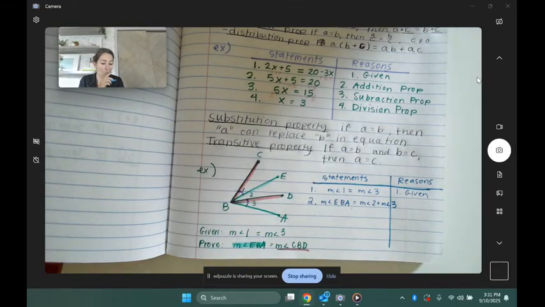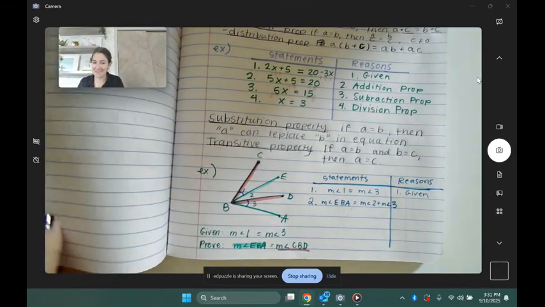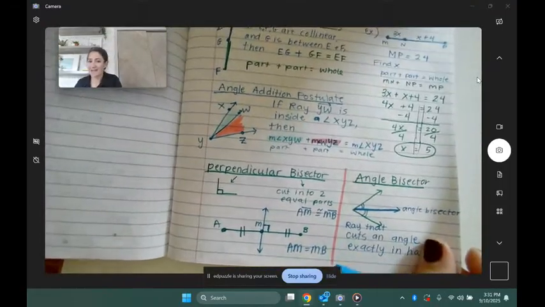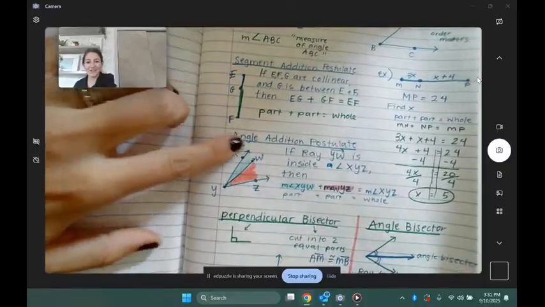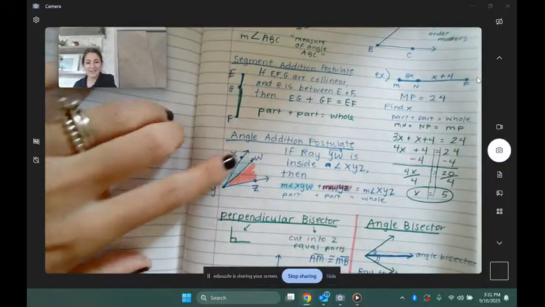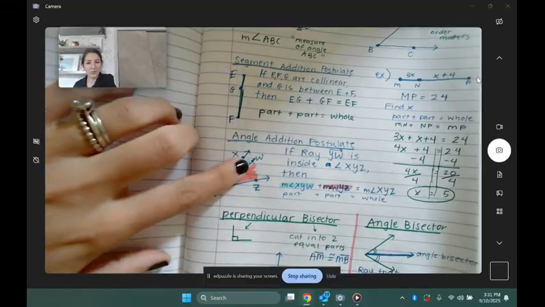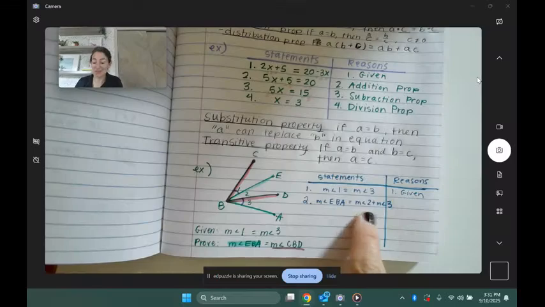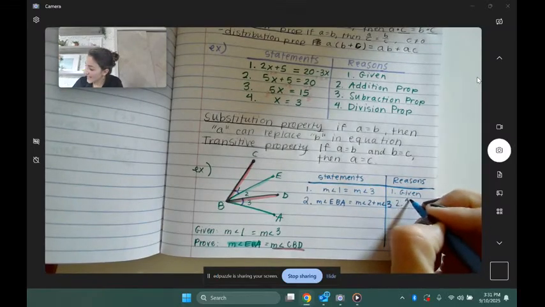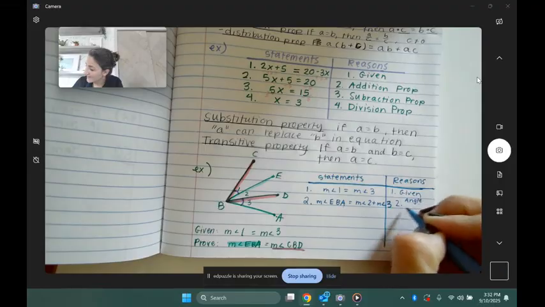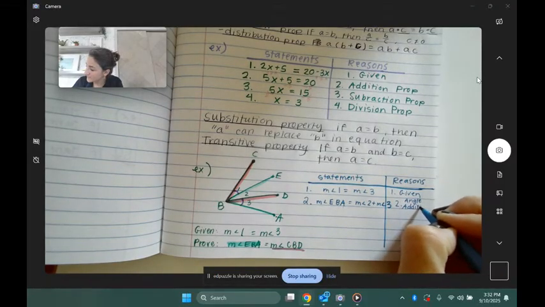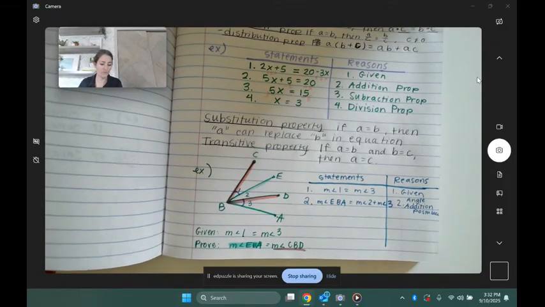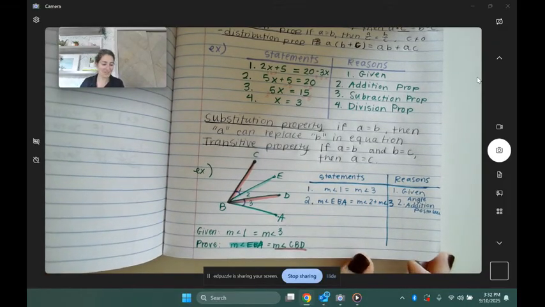Now, we learned about this. Let me just flip back real quick. Yeah, in 1.2, the angle addition postulate says if I've got a whole big angle, it's equal to the part plus the part. So the reason that I know this is true is because of the angle addition postulate. Okay.